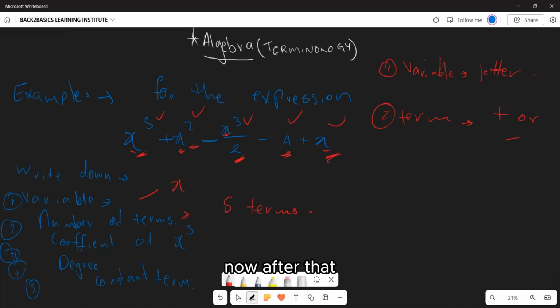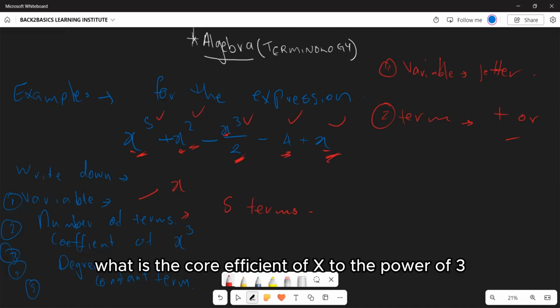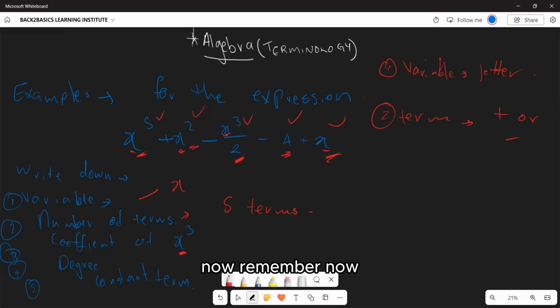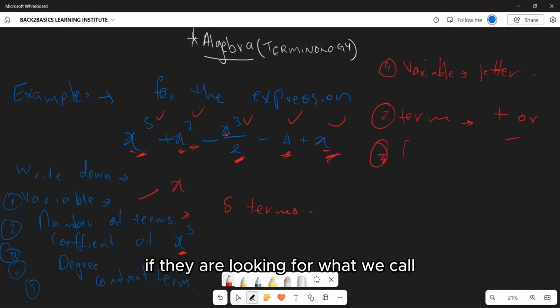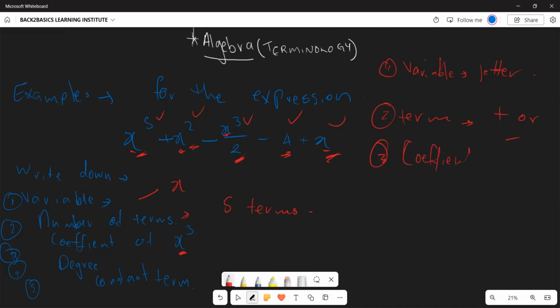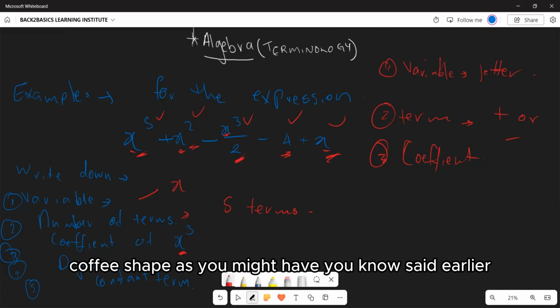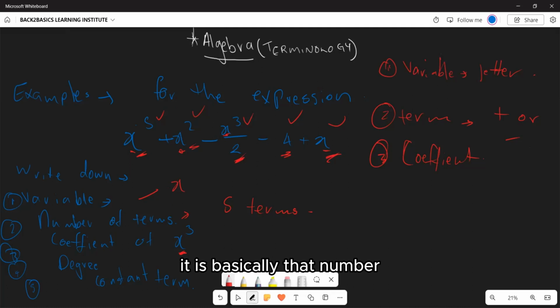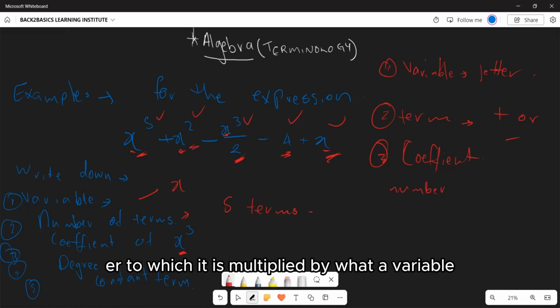Now, after that, number three, they say, what is the coefficient of x to the power of 3? Now, remember, if they are looking for what we call your coefficient, what is going to be your coefficient? Coefficient, as we might have said earlier, is basically that number to which a variable is multiplied.